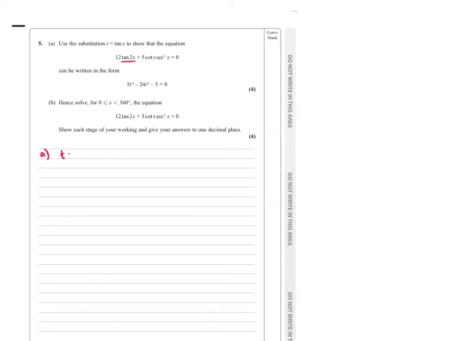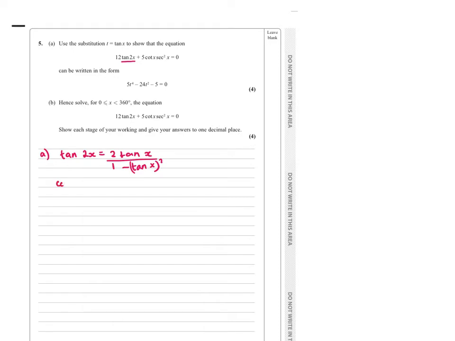So we know that tan of 2x equals 2 tan x over 1 minus tan squared x. We know that tan squared x is the same as writing tan of x all squared.